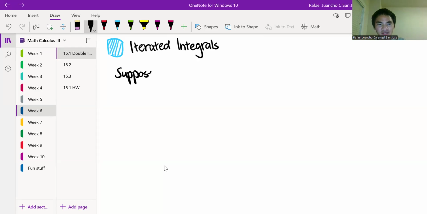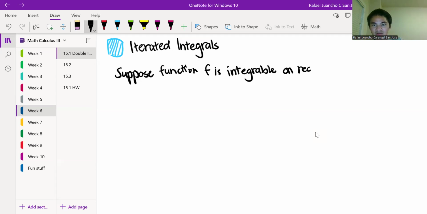We're going to create a scenario. Suppose our function f is integrable, meaning it can be integrated. I'm going to assume the function is continuous, specifically on this rectangle R, within those two intervals.